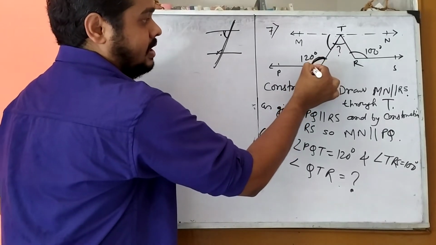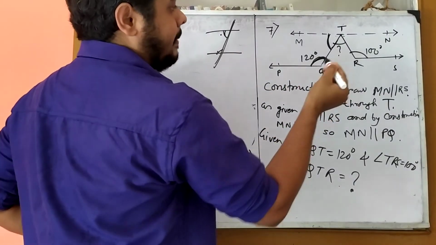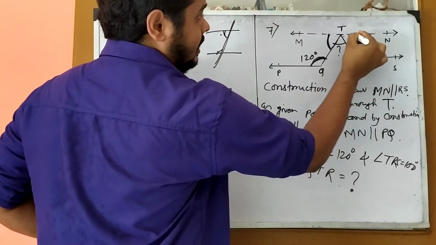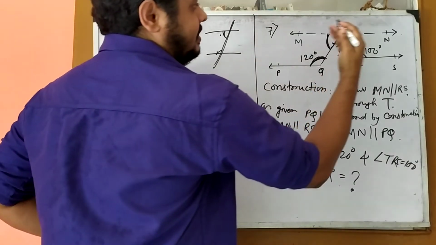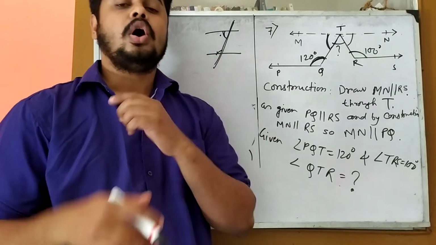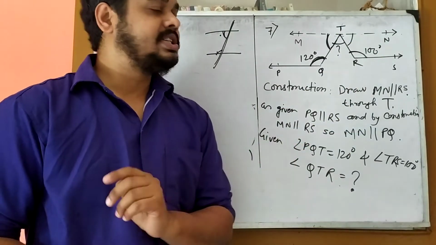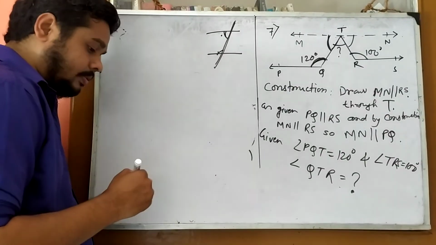So if this is 120 degrees, that will be 60 degrees. In the same manner, if this is 80 degrees, then it will be 80 degrees. Why? Because they are on the same side, that is on the right hand side of the transversal TR, and they are also interior angles.